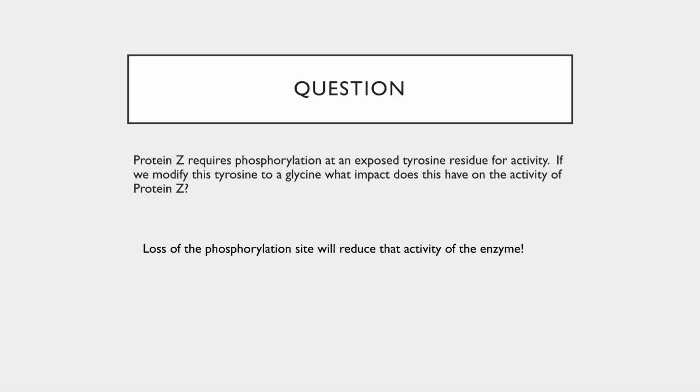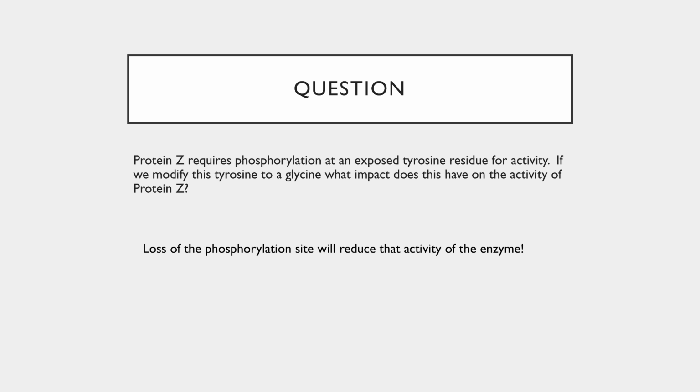So let's summarize again with a pathway problem type question. If we have a protein, in this case protein Z, that requires phosphorylation of an exposed tyrosine residue for activity, what happens if we modify this tyrosine to a glycine? And what impact does that have on the activity of protein Z? Well, first of all, the loss of a phosphorylation site will reduce the activity of the enzyme.